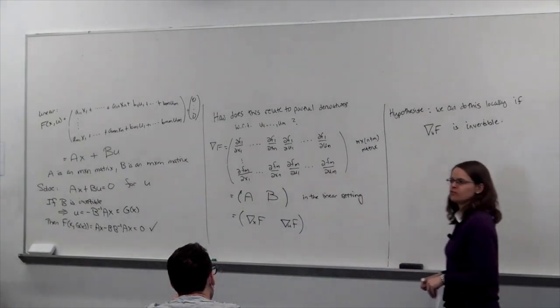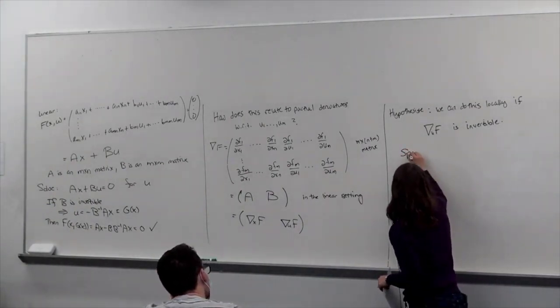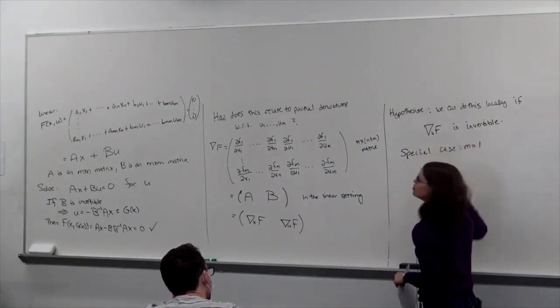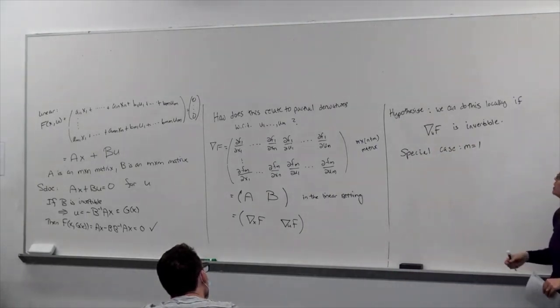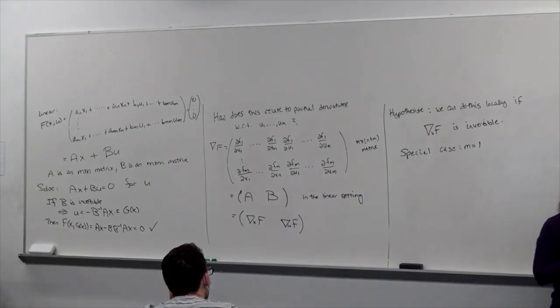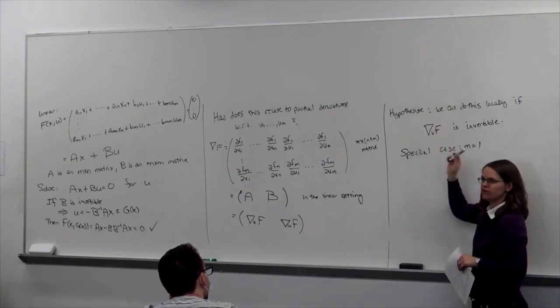Let's see if this jives with our low-dimensional intuition. So in the special case of m equals 1, so we only have one variable that we're solving for, what does this statement become? Okay, so what is the Jacobian of a function of one variable?